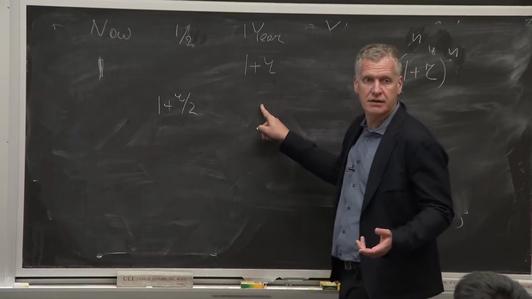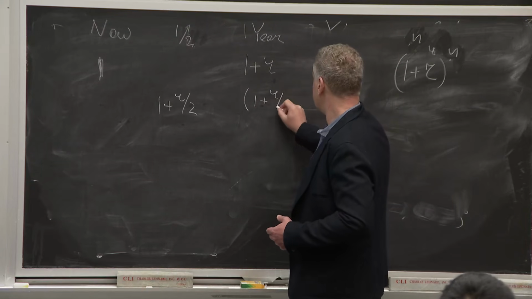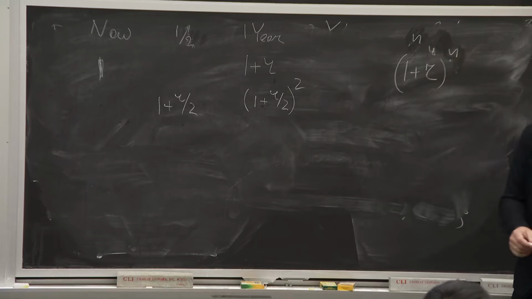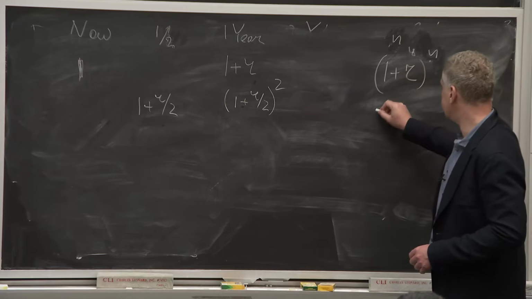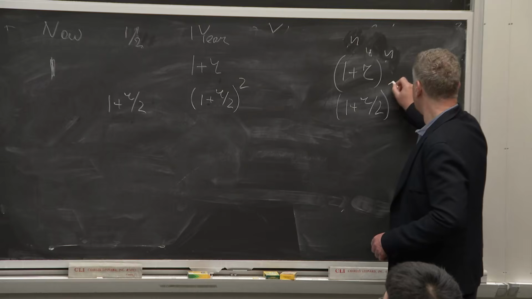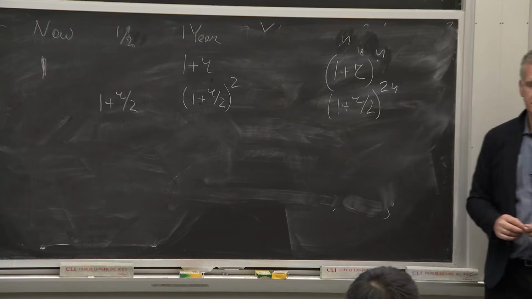And in 1 year, it will be 1 plus R over 2 squared, because you reinvest it. So suppose you keep it in the bank. And in n years, it will be 1 plus R over 2 to the power twice n, because there are twice as many periods.